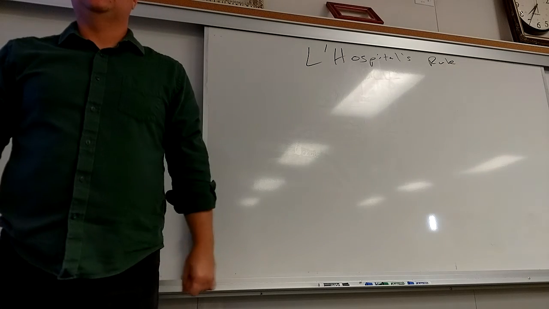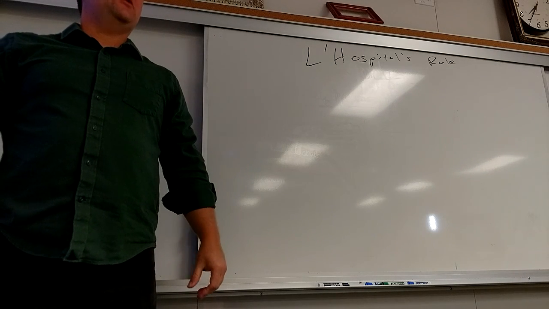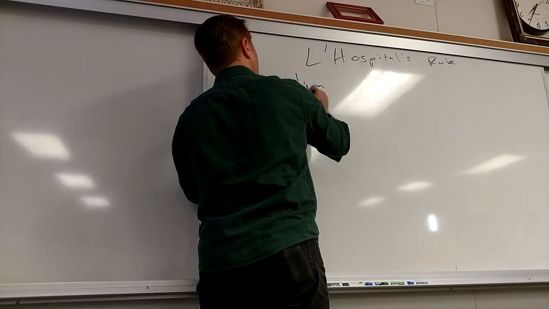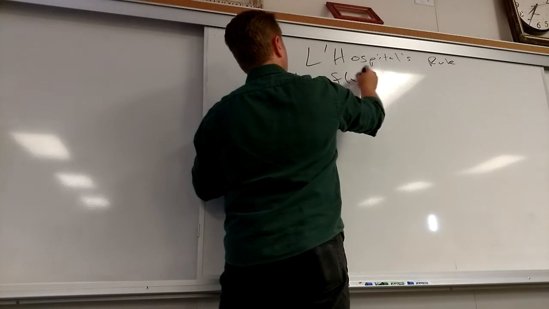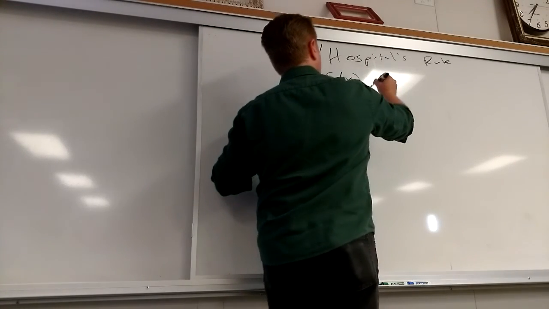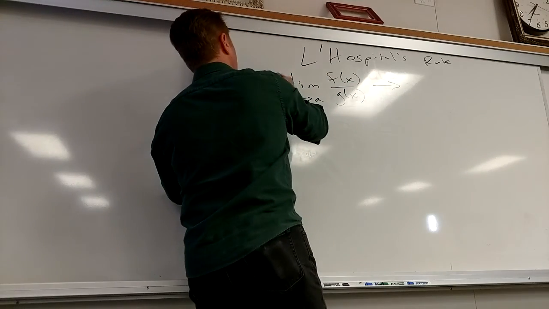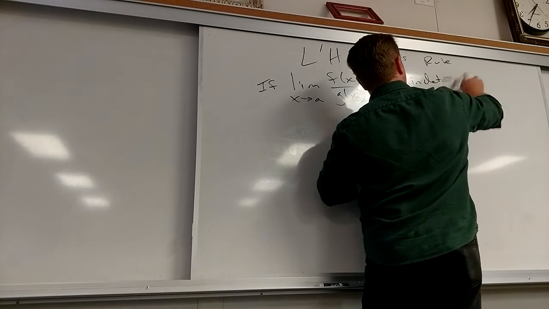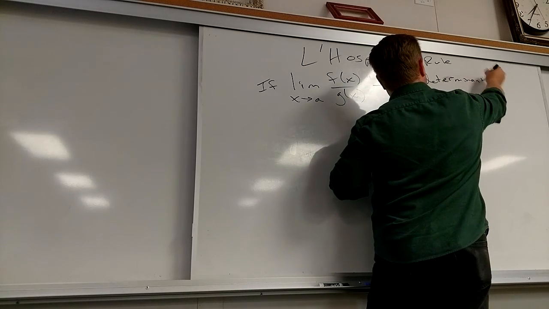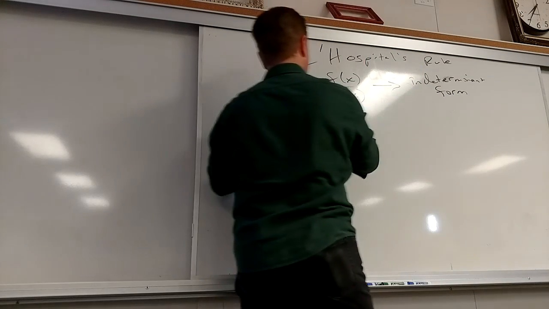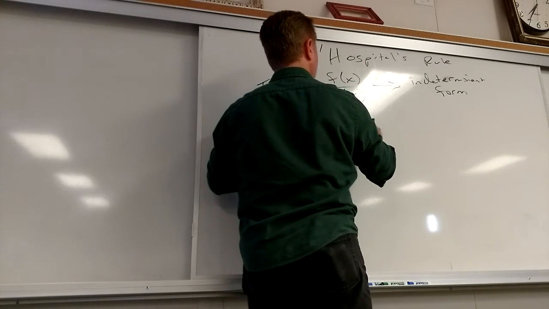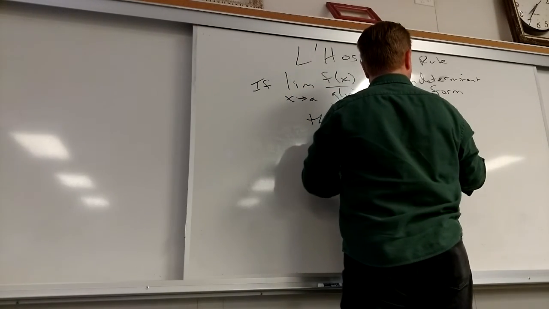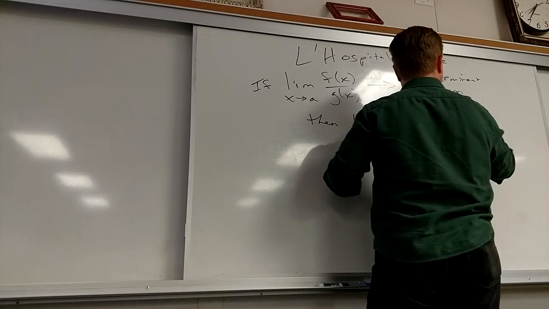And this is a really nifty thing. It says that to evaluate this, if this limit is in some indeterminate form, then the limit of this ratio is the limit of the ratio of the derivatives.